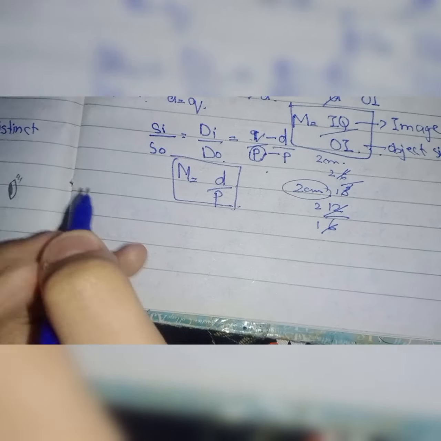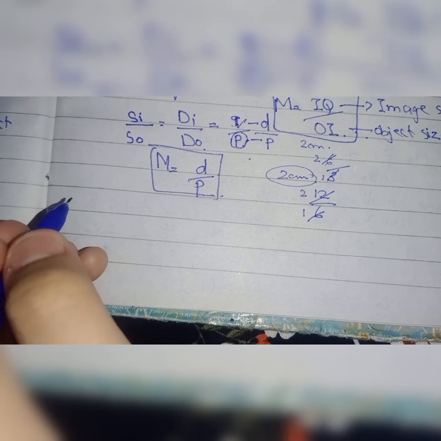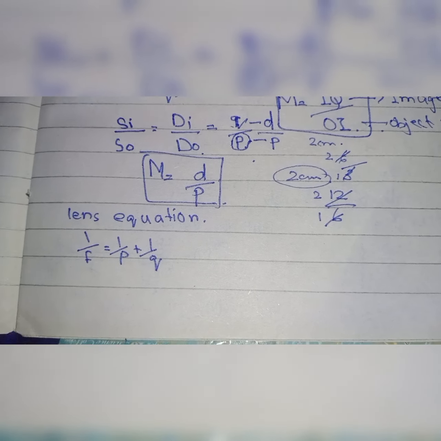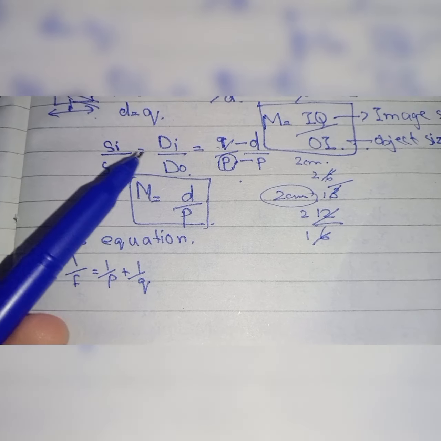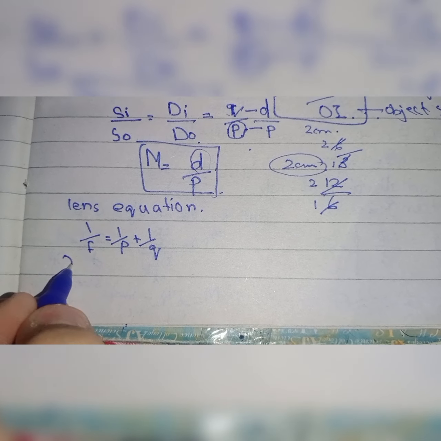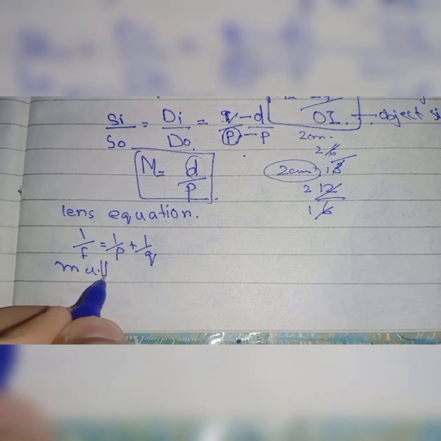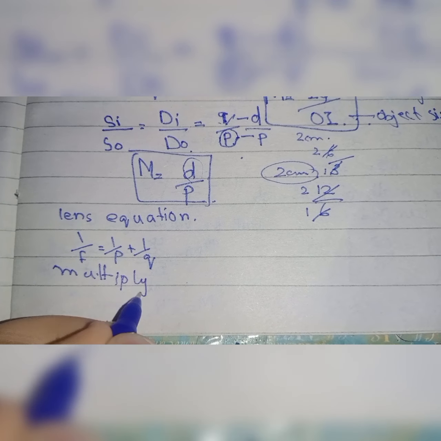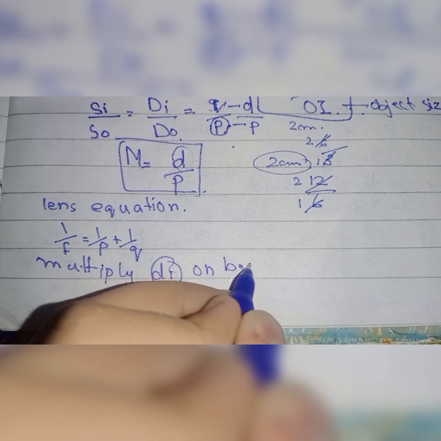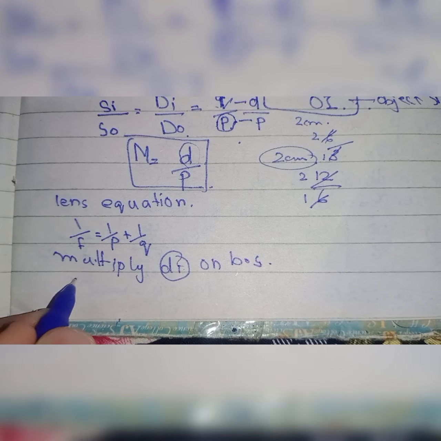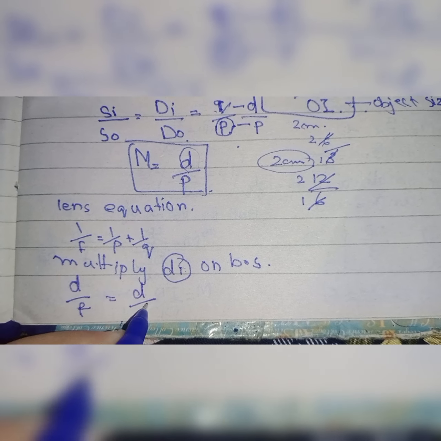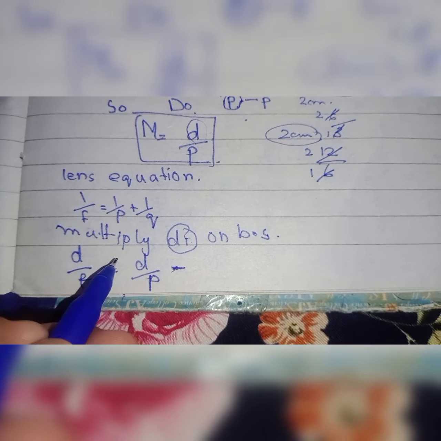So now let's move forward. Let's do the lens equation. This is what we have, the lens equation. Now we have the distance, so let's multiply the distance D on both sides. It will be D upon F is equal to D upon P minus. Why minus?